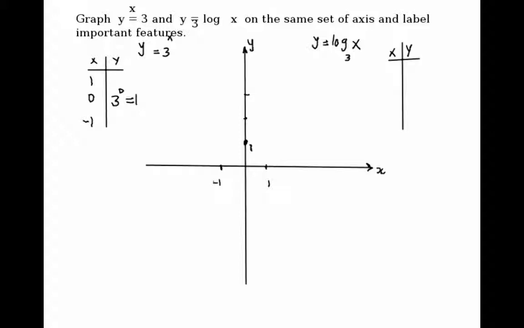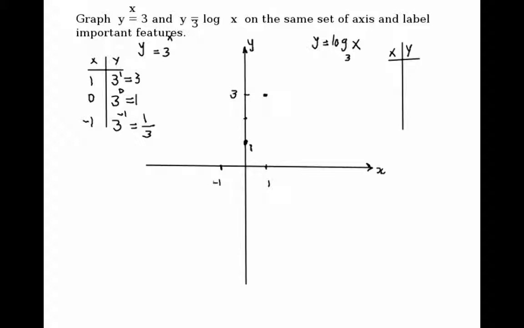If x is equal to 1, y would be equal to 3 to the power of 1, which is equal to 3. So x is equal to 1, y is equal to 3, and my graph is going to pass through this point. If x is equal to minus 1, y would be equal to 3 to the power of minus 1, which would be 1 over 3.